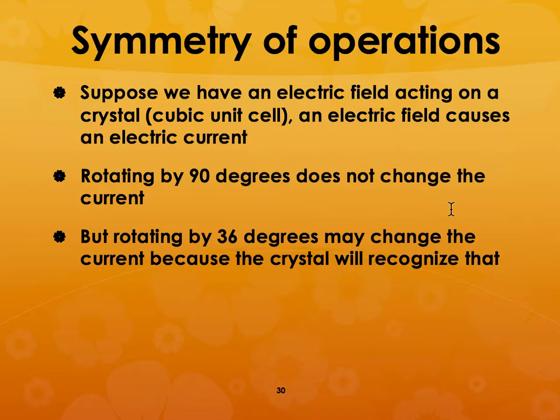And where this also comes into play is where you have different types of properties for the material. For example, if you have current moving through a crystal or through a material or a wire, the wire is made out of materials that have atoms in them, and so if you rotate them by 90 degrees, it does not change the current, but rotating by an odd angle, it may change the current because the crystal will recognize that.